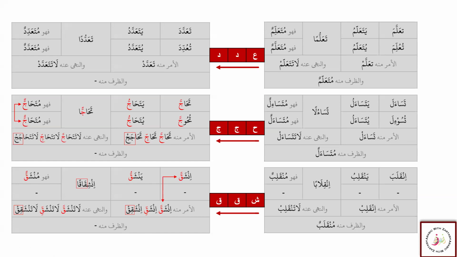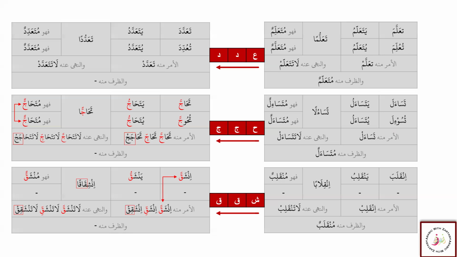Here you can see Tasa'ala, we have Tahajaja, that is changed into Tahajja by following the rules of Ta'af. So it was Tahajaja that was changed into Tahajja, Yatahajju, Tahajjan, fahuwa mutahajjun, Tuhujja, Yutahajju, Tahajjan, fahuwa mutahajjun.